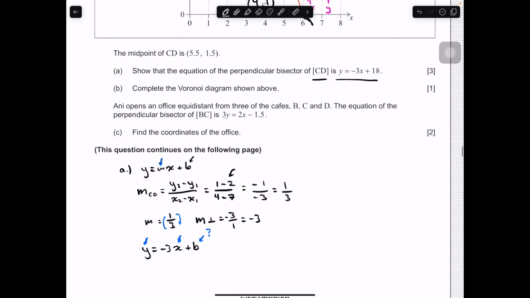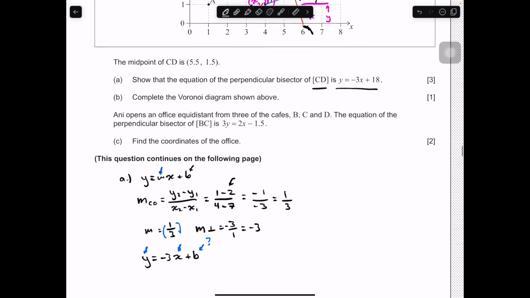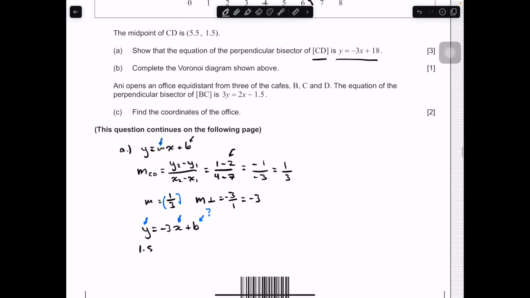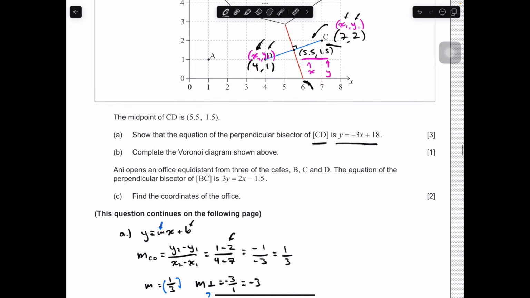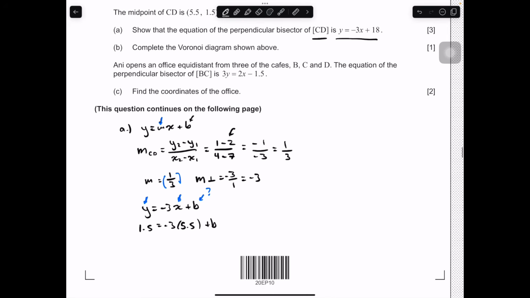So y is equal to 1.5 when x is equal to 5.5, plus b. We've got 1 point on the line, and that's our midpoint. Let's go ahead and solve for b. Actually, I'm going to work this out on the calculator.